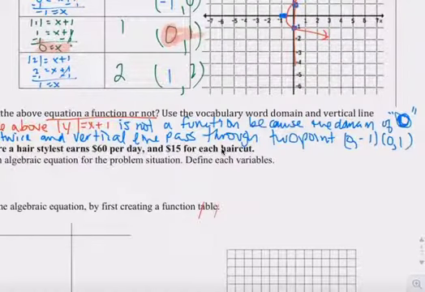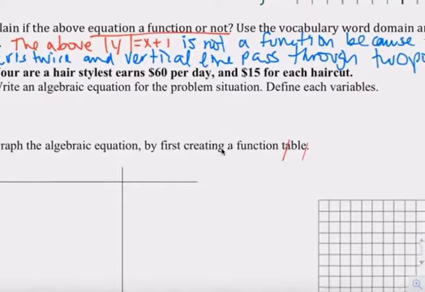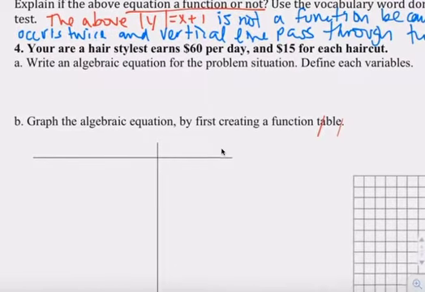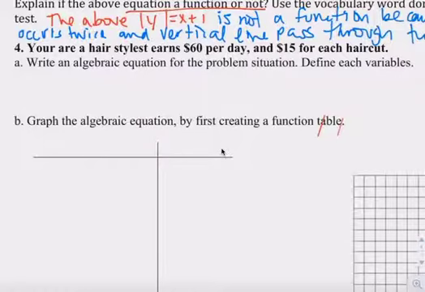You are a hairstylist and earn $60 per day and $15 per haircut. So $60 per day and $15 per haircut. Total amount earned: for each day you make $60 plus each haircut.